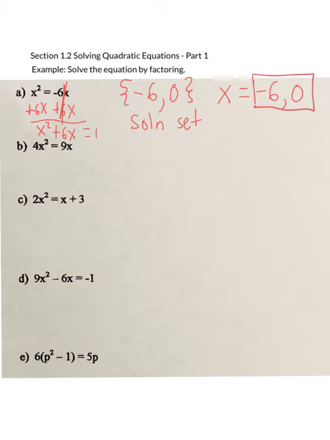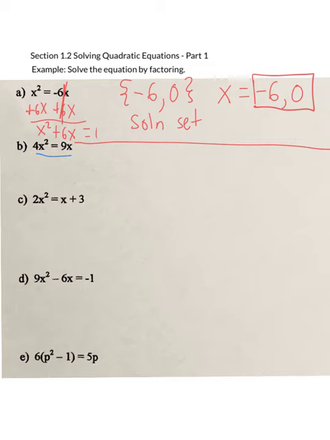Let's try another one, looking at question B. I'm going to draw a little divider here so we can see part B a little bit better. For question B, we want to solve the equation by factoring 4x squared equals 9x. The most common mistake, by the way, with questions A and B is people want to divide an x from both sides.